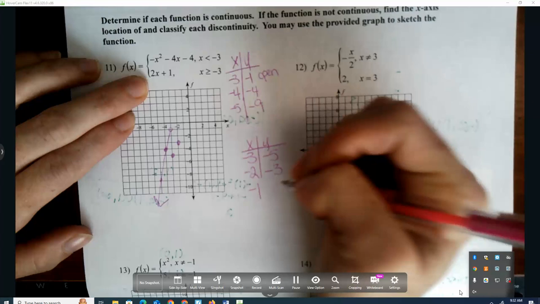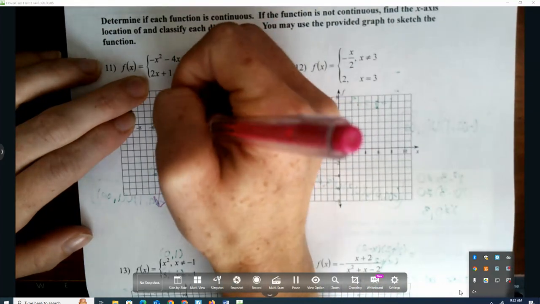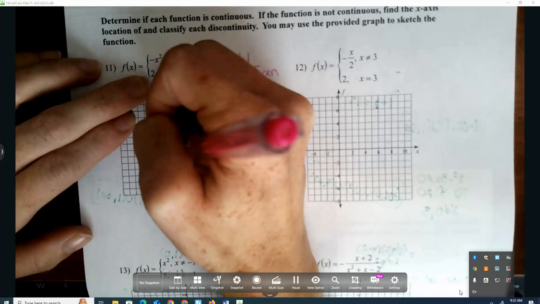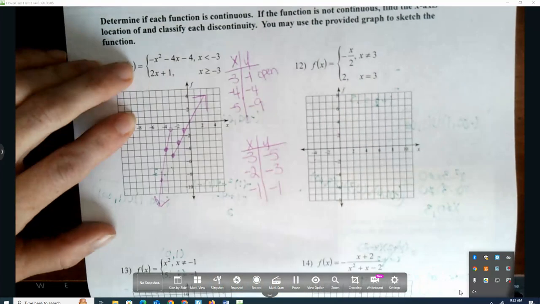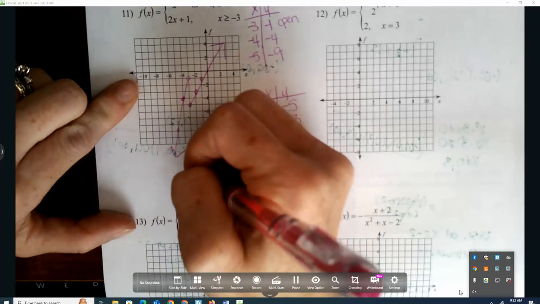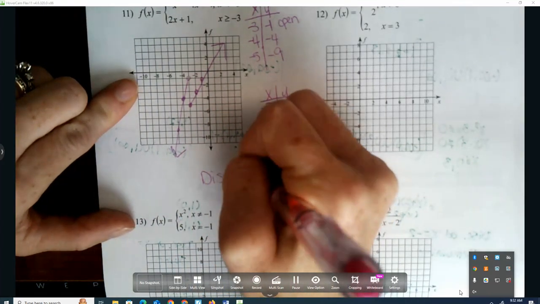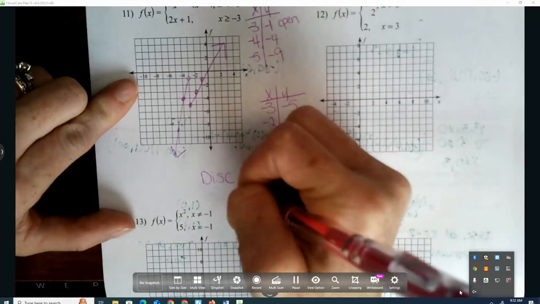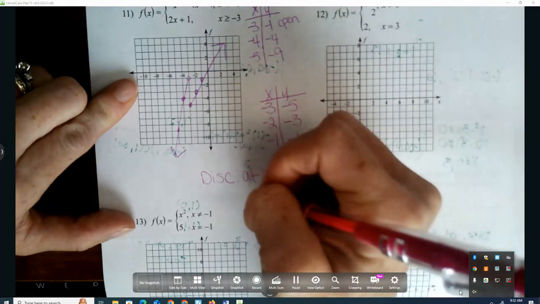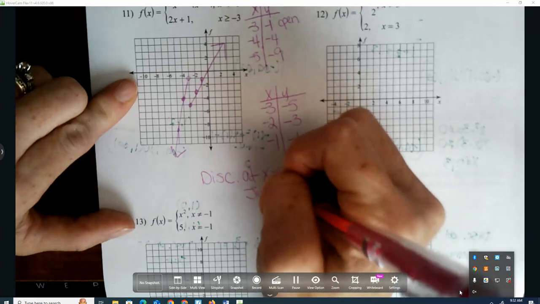If I put in -1, -2 plus 1 is -1. So this confirms what we've been talking about, just gave us that visual. So it's discontinuous at -3. What type was it? Jump, just like we predicted.